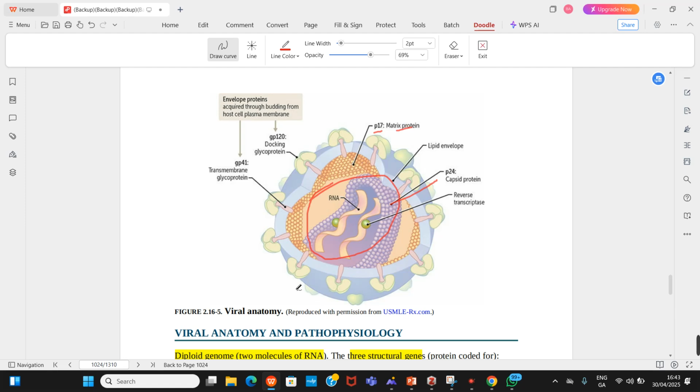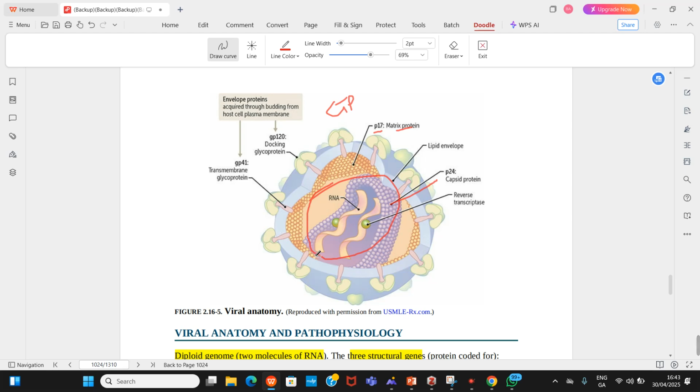Now there are some proteins that are now attached to that, some of the matrix protein rather, and you have the GP120 and the GP41. So this is the GP120 here, this is GP41 here. So we call them the envelope proteins because they are attached to the envelope.